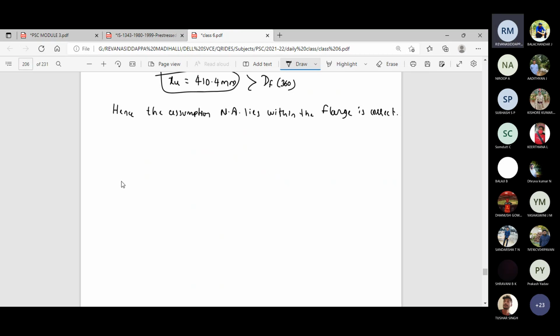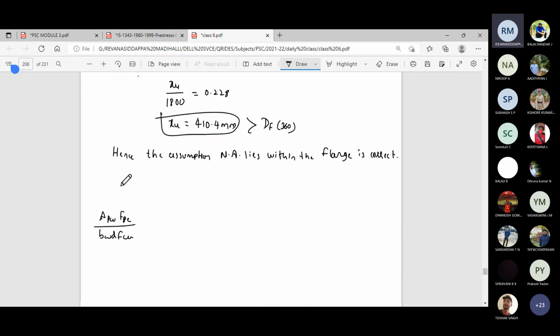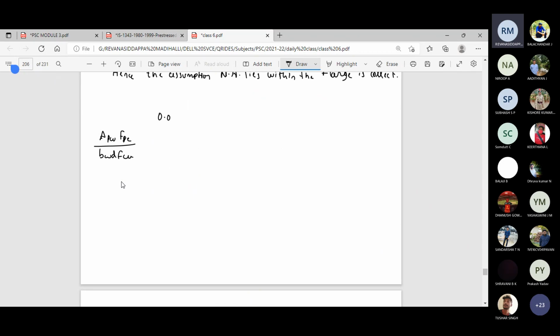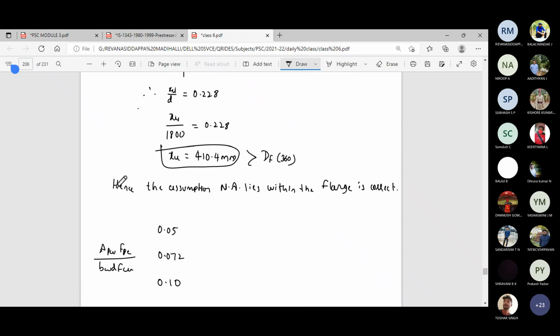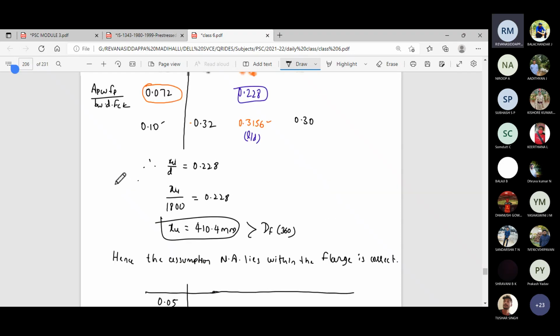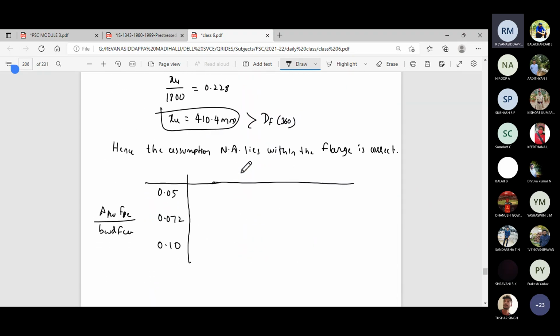Here AP FP divided by BD FCK, same values here: 0.05, 0.072, 0.10. Now L by D values: 20, 22.22 and 30.